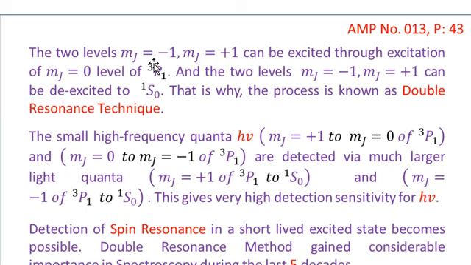The two levels Mj is equal to minus 1 and Mj is equal to plus 1 can be excited through excitation of the Mj is equal to 0 level of the 3p1 state.